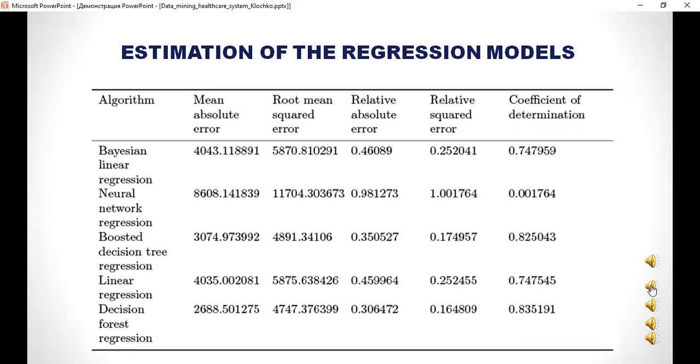The worst result for this indicator, 8608.14, was obtained using the neural network regression algorithm. High mean absolute errors at about the same level were obtained as a result of the construction of linear regression, 4035, and Bayesian linear regression, 4033.11.